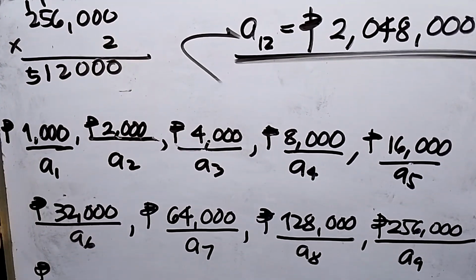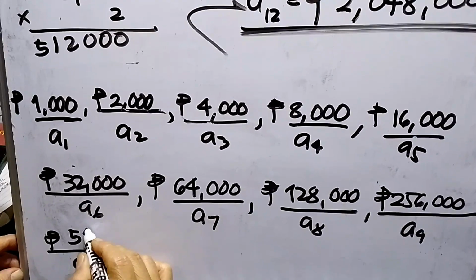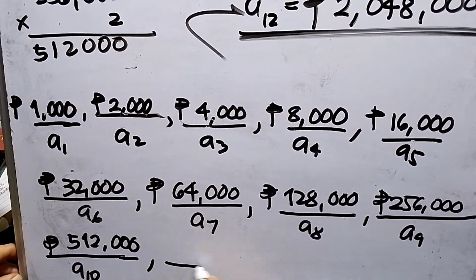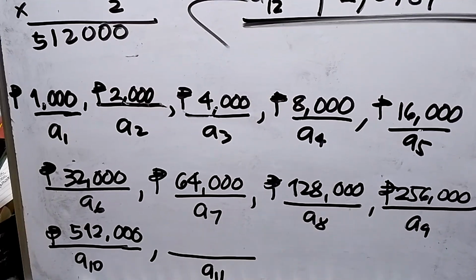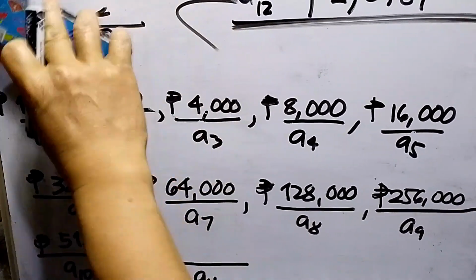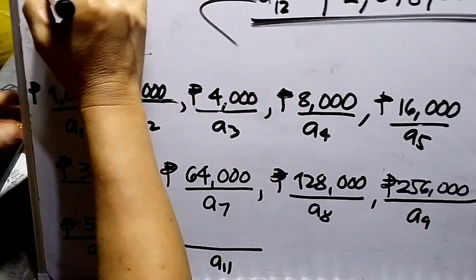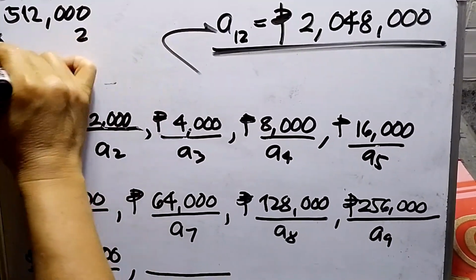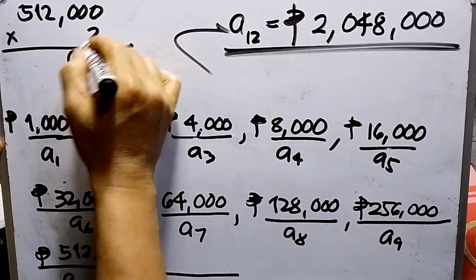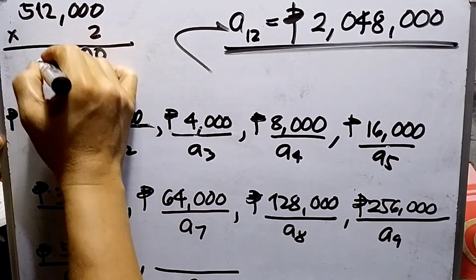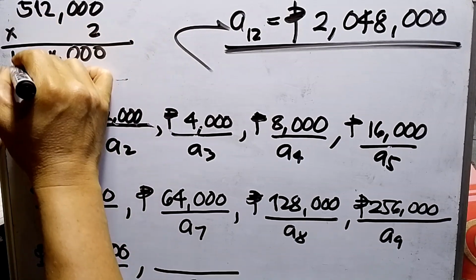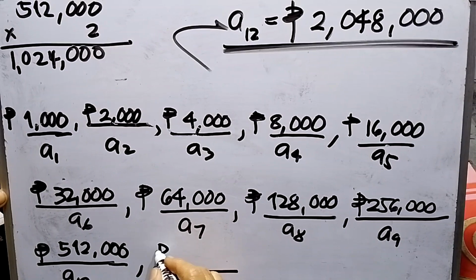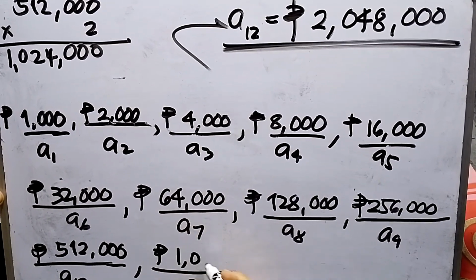So 512,000. Then A sub 11: 512,000 times 2. So 0, 0, 0, 2 times 2 is 4, 1 times 2 is 2, 2 times 5 is 10. So I have 1,024,000.